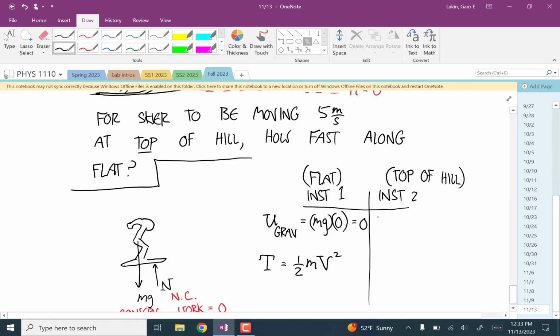And now we'll go to the top of the hill. The gravitational potential energy is the mass times g, which is 9.81, times the height. If height equals 0 is at the bottom of the hill, the height at the top of the hill is 1.5 meters. So this is 14.715 m.